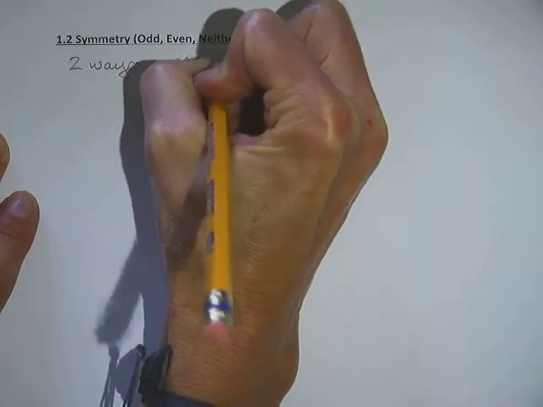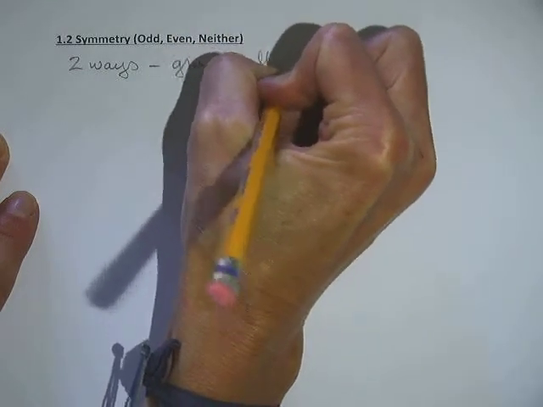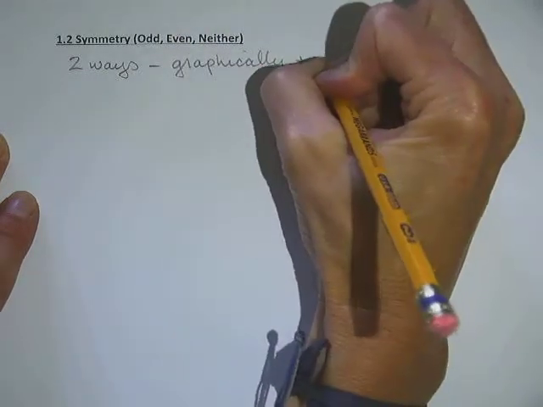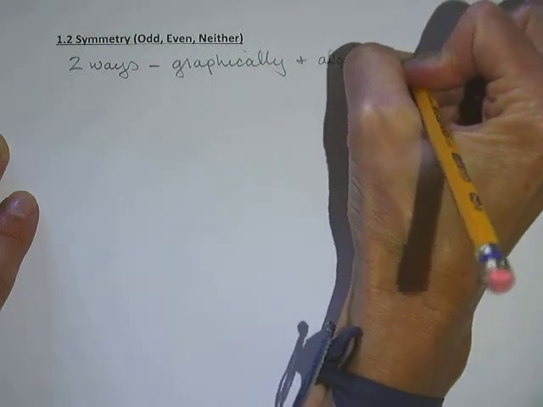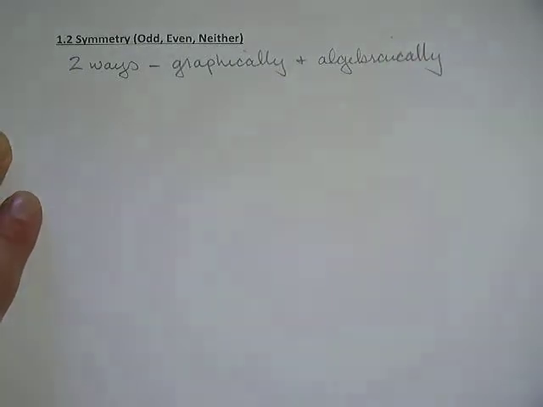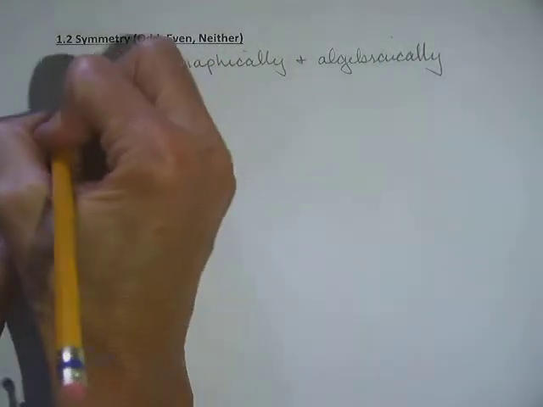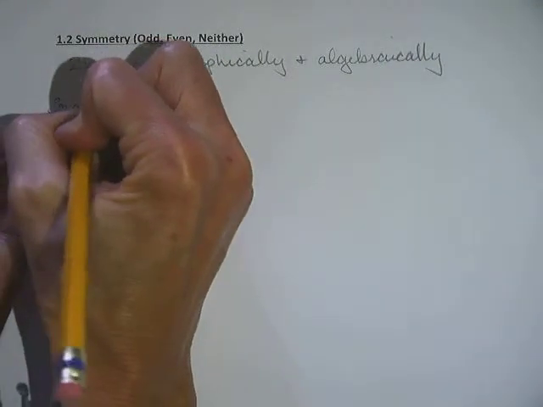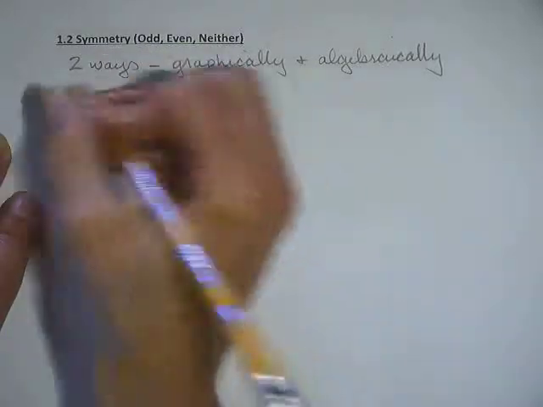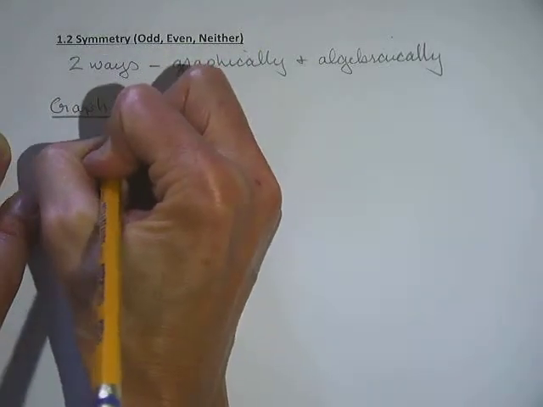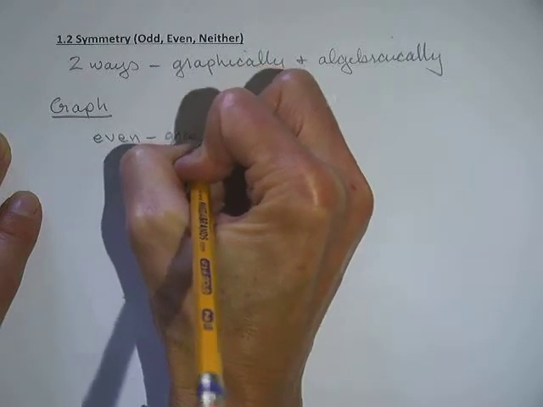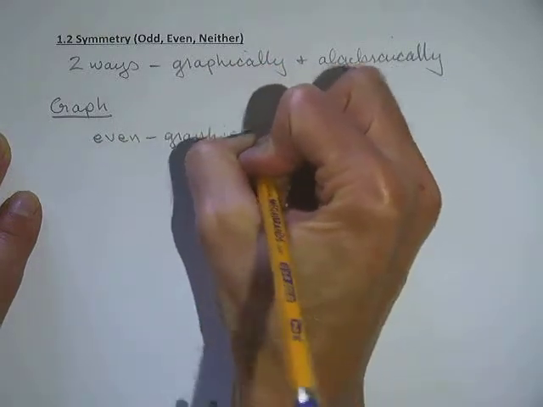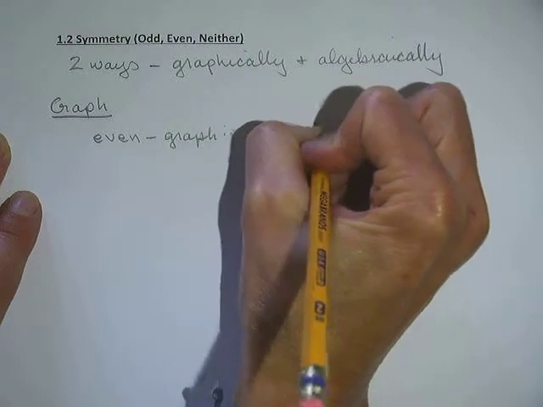The next thing we need to talk about is symmetry. Odd, even, and neither. Symmetry is found two ways. It is found graphically, and it is found algebraically. Graphically, that's first, if you're looking at a graph.